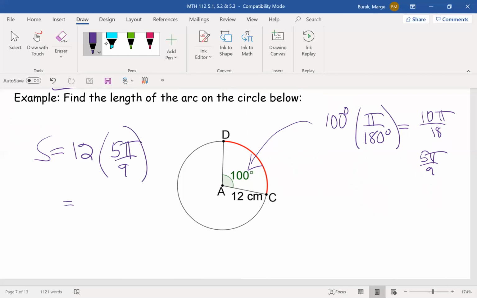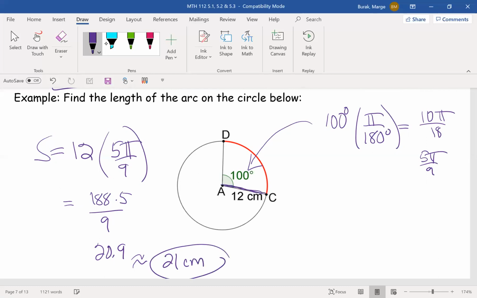Get my calculator out, and I'm doing 12 times 5 times pi, and I got 188.5 about, divide that by 9, and I've got about 20.9 is the length of that arc, or I'm going to say about 21, and it is centimeters. And let's see if it makes sense. If this far is 12, and that's 12, almost, yeah, that looks great. Okay, and that is the end of section 5.2.